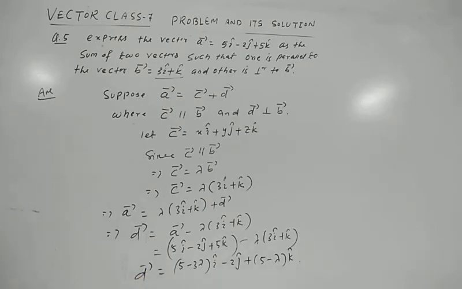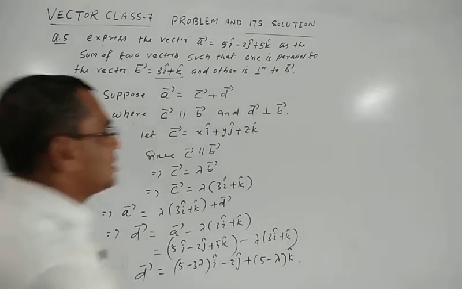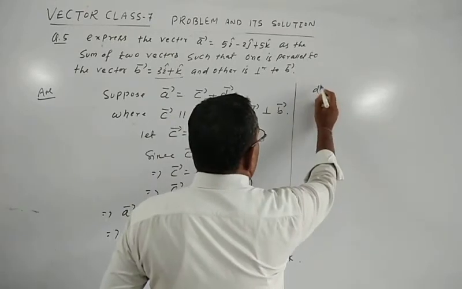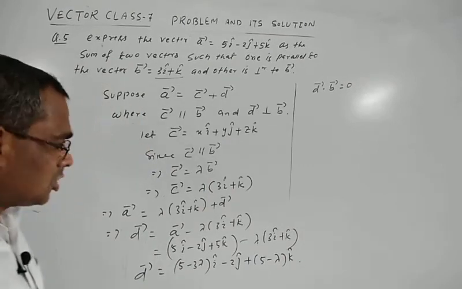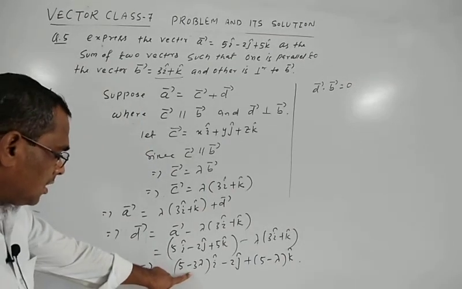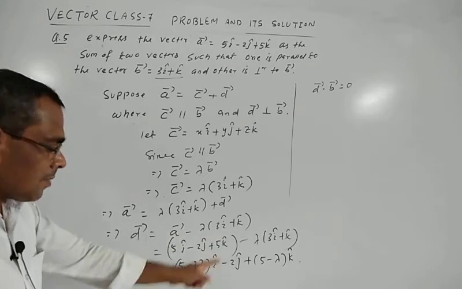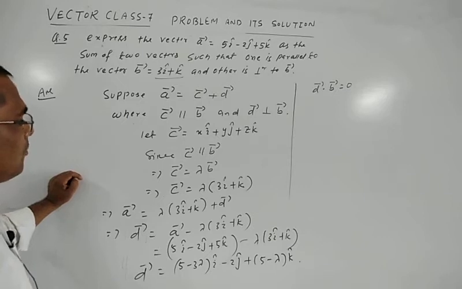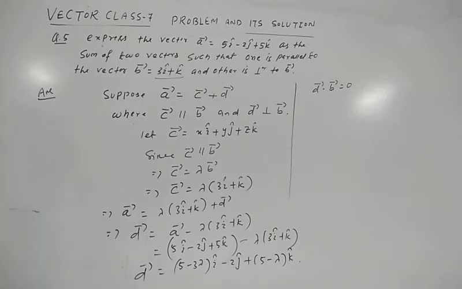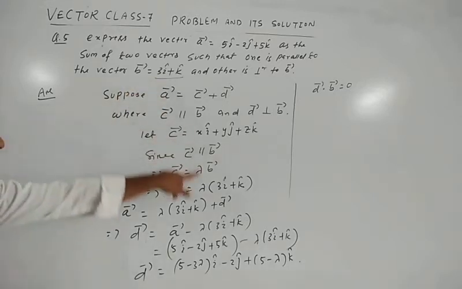Here d vector is perpendicular to b vector, which means d vector dot b vector is equal to 0. Perpendicular means the dot product is 0. So d vector is 5 minus 3 lambda i cap minus 2 j cap plus 5 minus lambda into k cap, and b vector is 3i cap plus k cap.